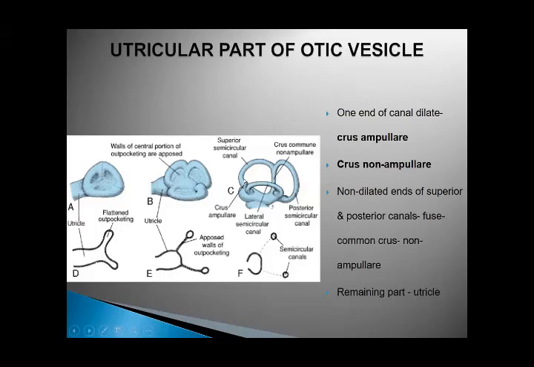This is called the crus ampullare dilatation. Similarly, in the posterior semicircular canal, one end dilates at the point of entry into the utricle. In the lateral semicircular canal, one end dilates at the site of entry into the utricle. These dilated ends are called crus ampullare. So every semicircular canal has one dilated end and one non-dilated end.